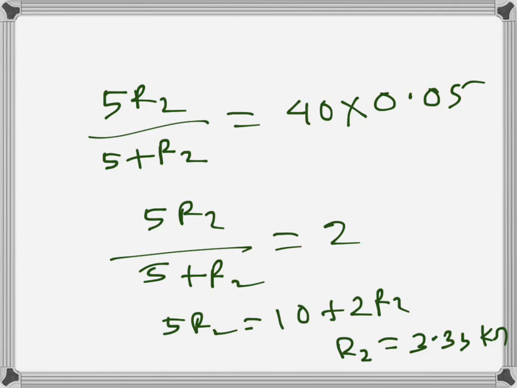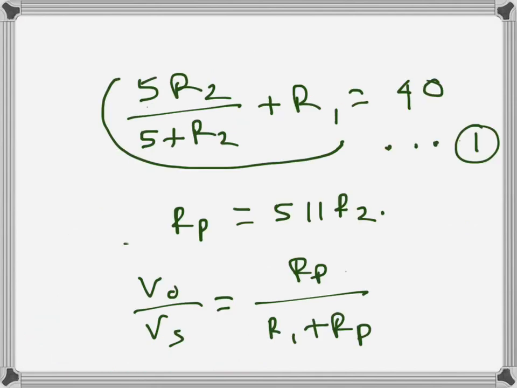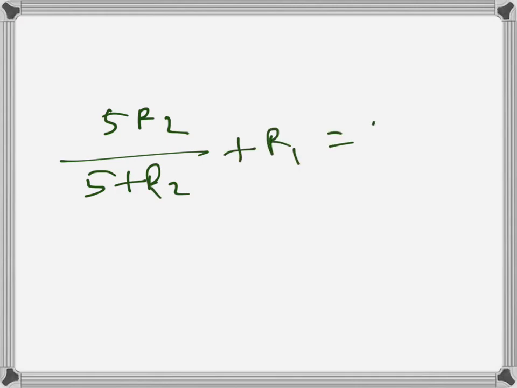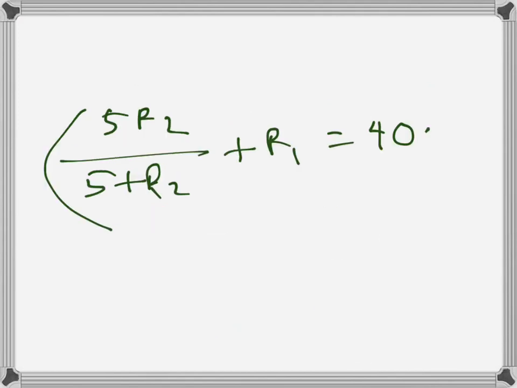Now from that we can find what is R1. If we go to equation 1, I will write equation 1 again, 5 R2 over 5 plus R2 plus R1 equals 40. So this whole part is 2, as we saw.